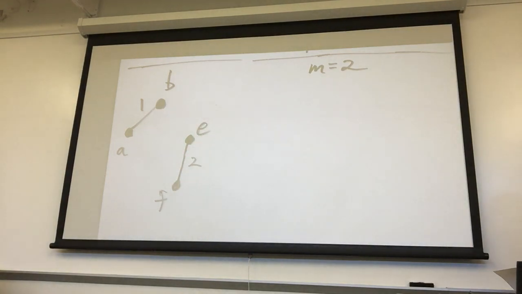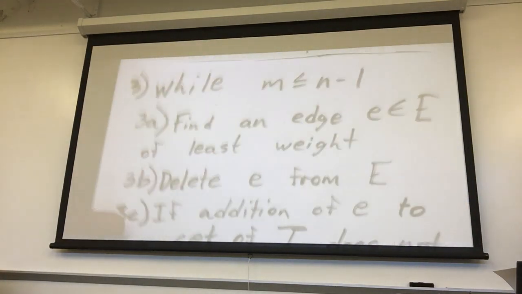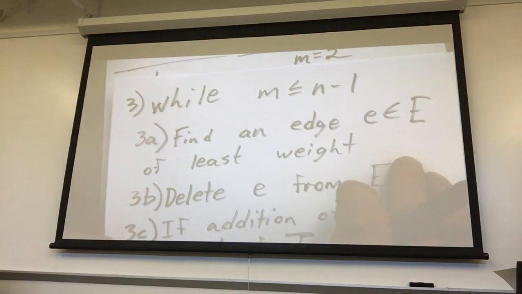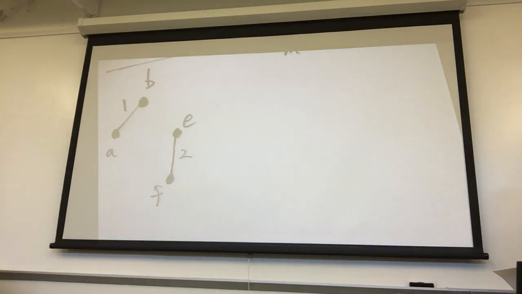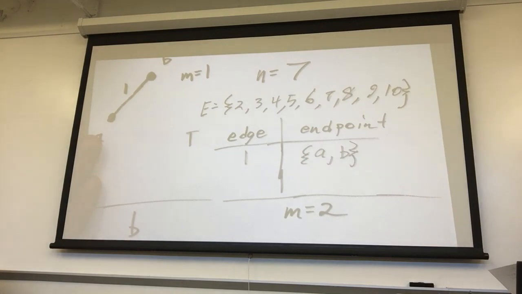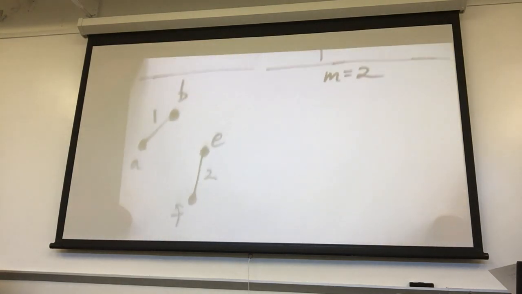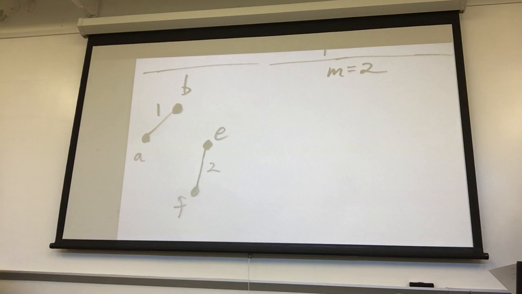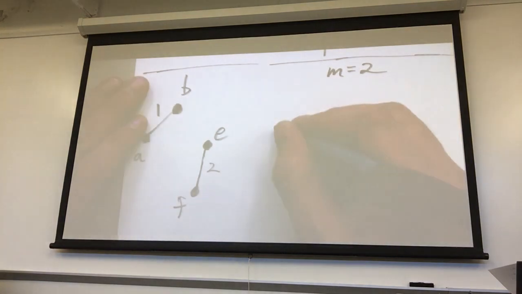Okay, so we found the least weight of E. So the problem says find an edge e within E of least weight. Now what is left over from the previous problem is 2, 3, 4, 5, 6, 7, 8, 9, 10. Okay, so all right, well the next one would be 2, as long as it doesn't follow a circuit. Okay? And delete e from E.